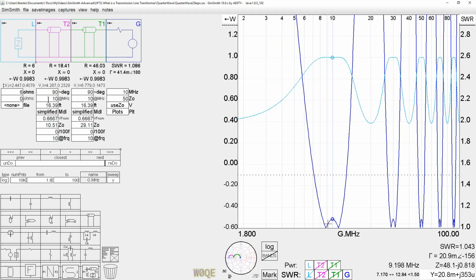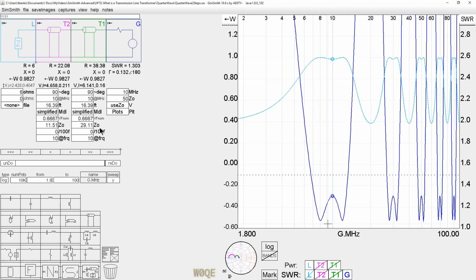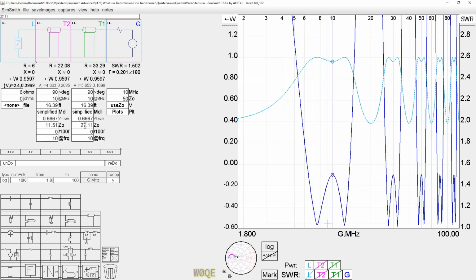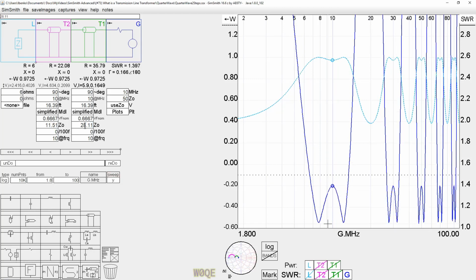And we can play some games. We can make this range a little bit wider if we let this SWR in the middle come up a little bit more. Maybe something like that, and then that gets us even a little bit more range.